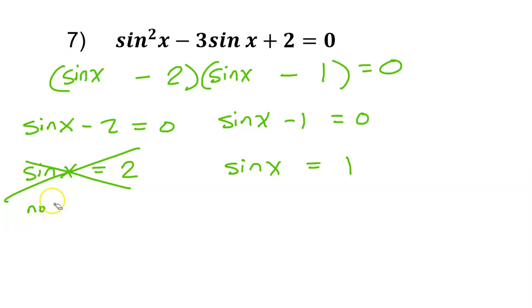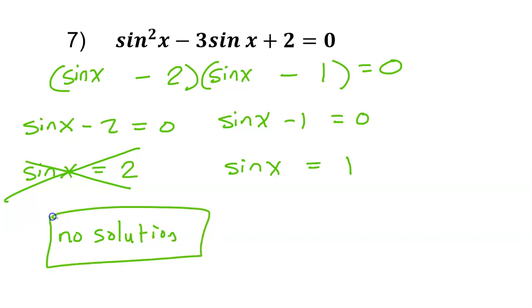You know what? I'm not even going to write no solution because we are trying to solve this equation overall. And as long as we get solutions from the other side, then there is a solution. So what I never want to see you do is this: no solution, then put a nice little box around that, and then solve this one and get a solution.